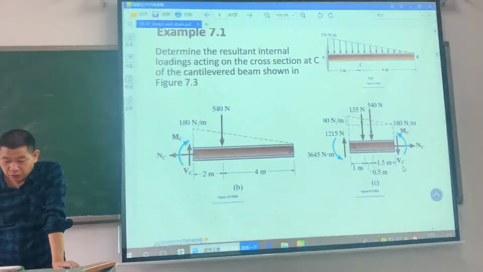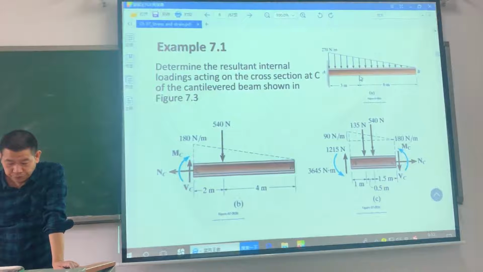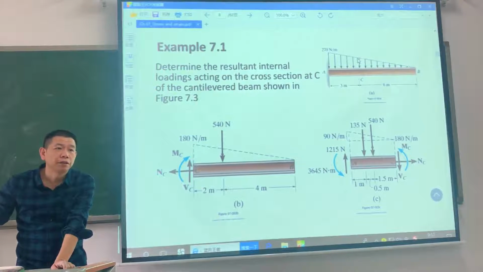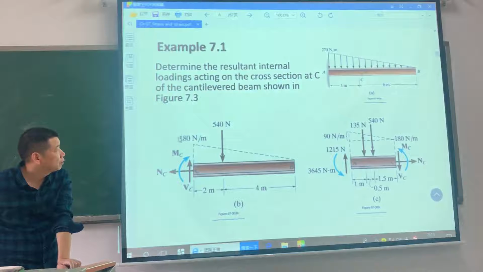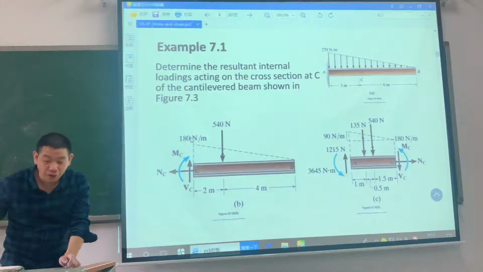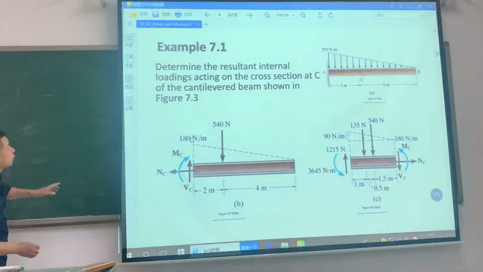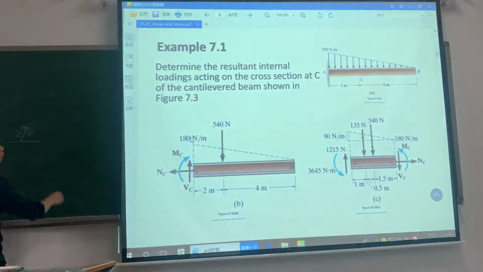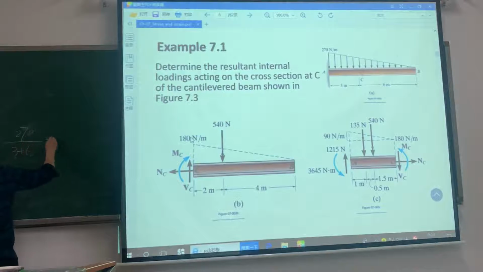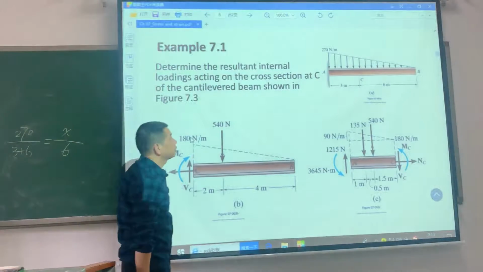How to find 180? Do you know how to find 180? Over equal x.